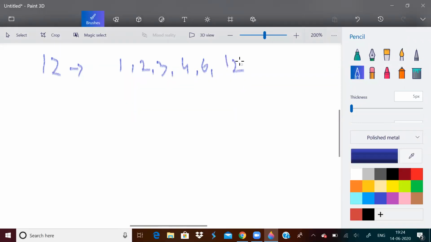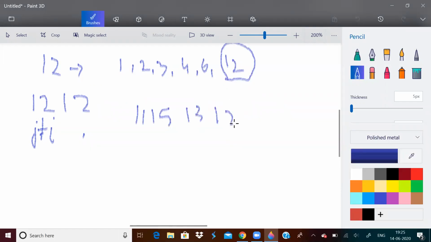So when I'm checking with 12, I should make sure that there are at least two 12s in the array, because I should check for all j not equal to I. So for example, if there is an array like 11, 15, 13, 12, 12, then for 12, there is another element A of j which divides it. So this should not be counted. Similarly, this cannot be counted.